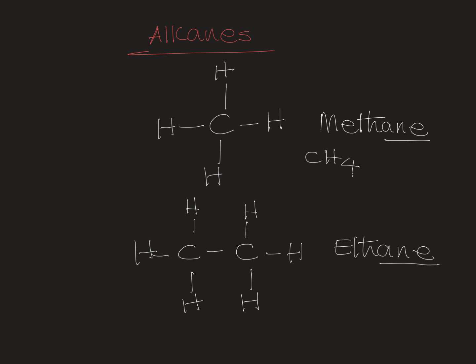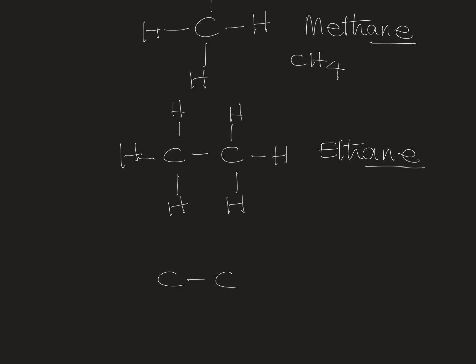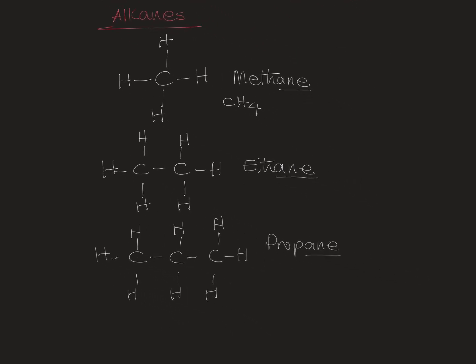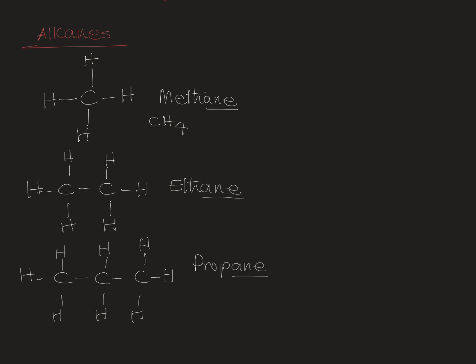For 3 carbon atoms, we will call this propane. So I don't know whether you can identify a pattern here. Organic compounds that have only single bonds are called alkanes.